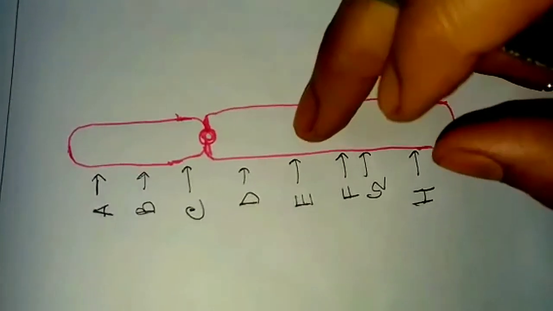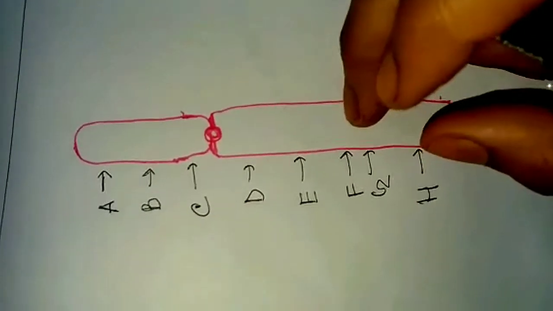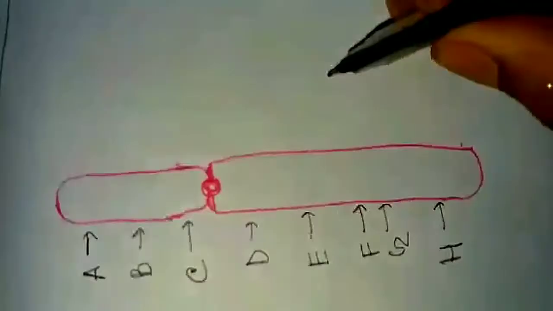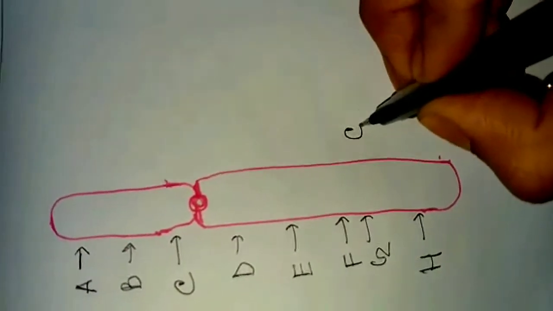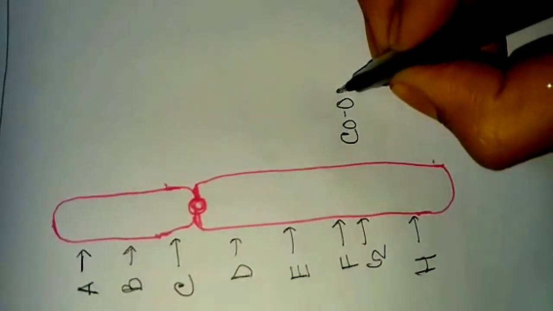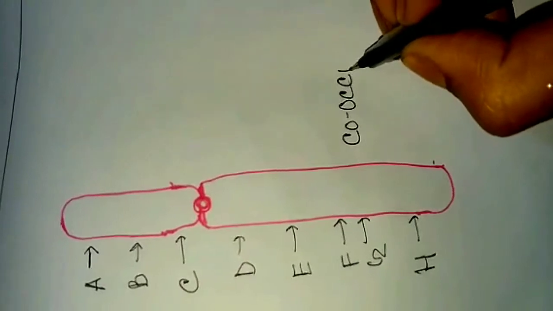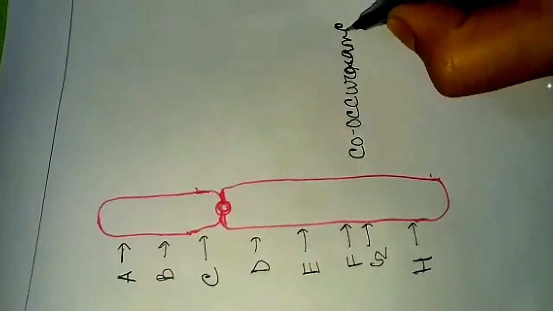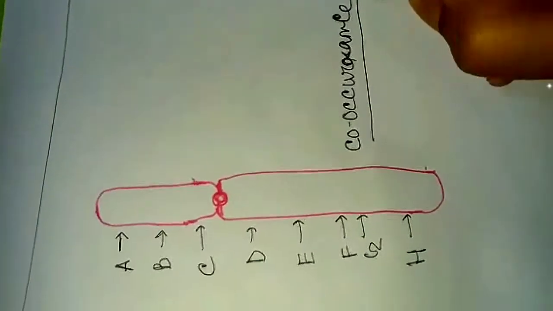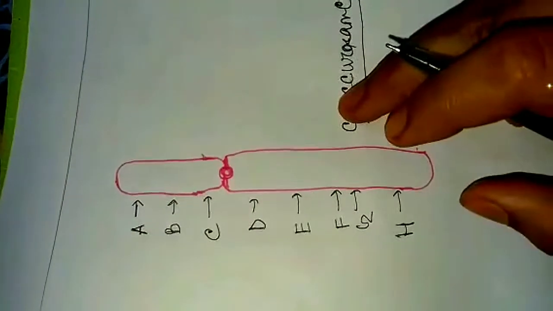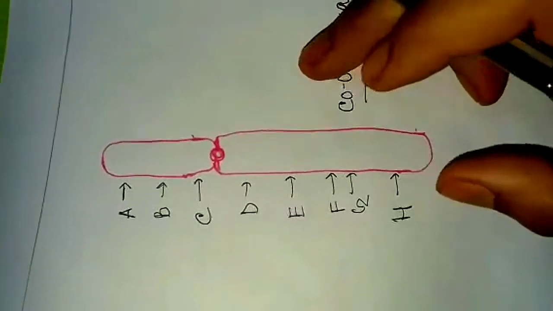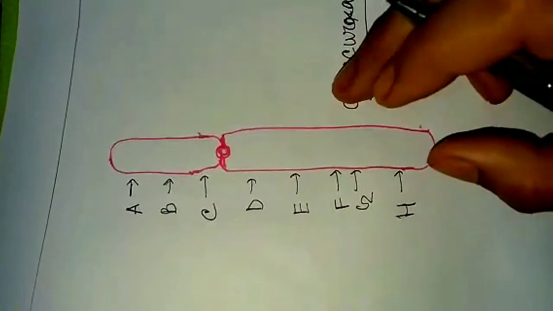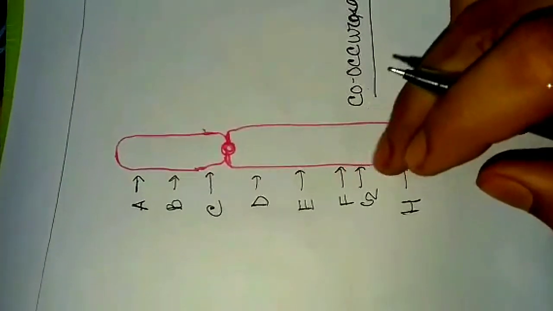Why so? Because we know that the closer two genes are, the more likely they are to be inherited together. This is known as co-occurrence. And so if the pedigree studies show a high incidence of the co-occurrence, those genes will be located close to each other on the genetic map.